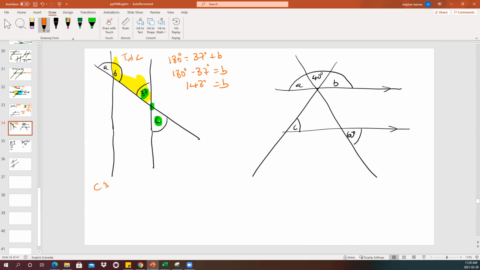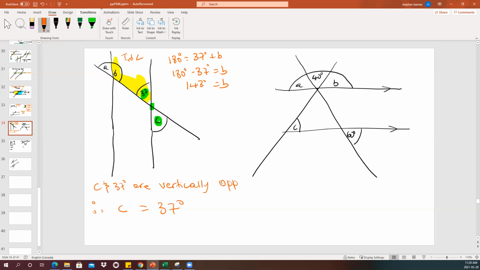So C and the 37 degrees angle are vertically opposite. Therefore, C is equal to 37 degrees. All right, so that is C.